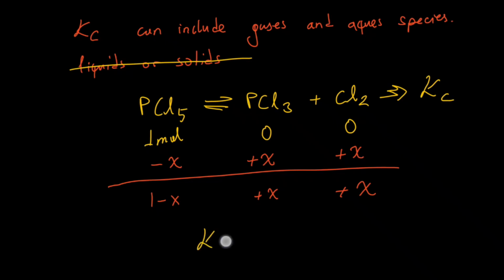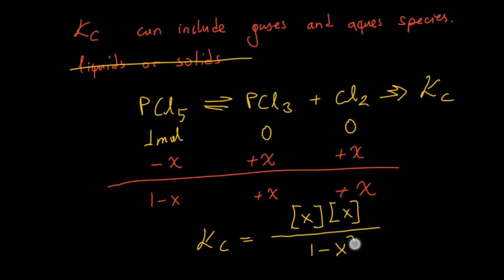And we can write the equilibrium constant for this reaction. It will be X times X over 1 minus X. And we can calculate the concentration by finding X if we know the Kc value.